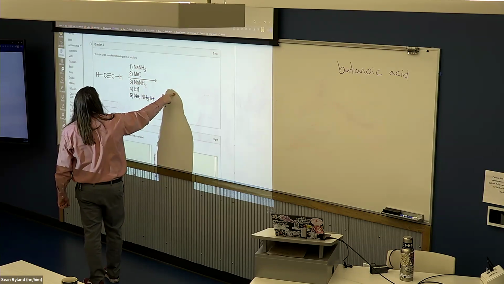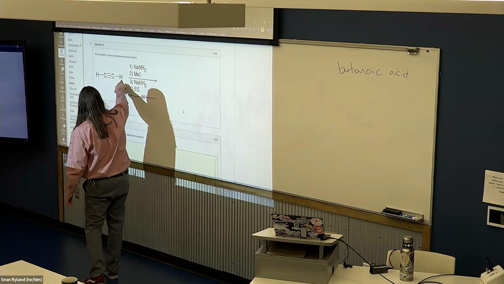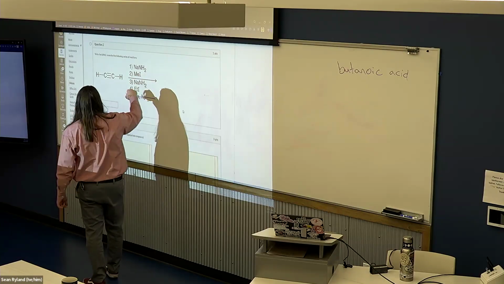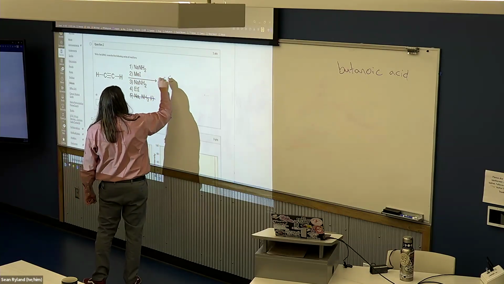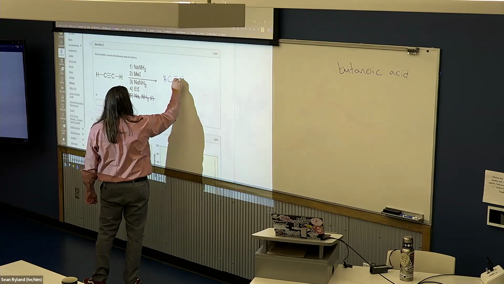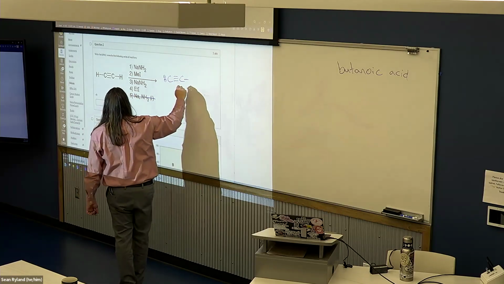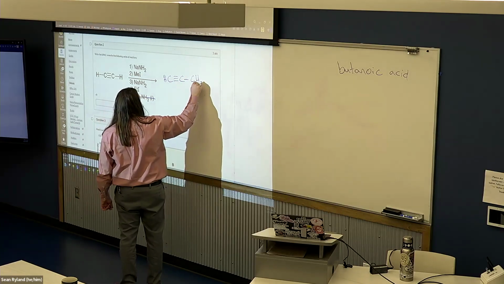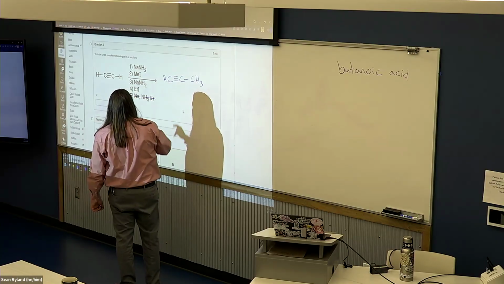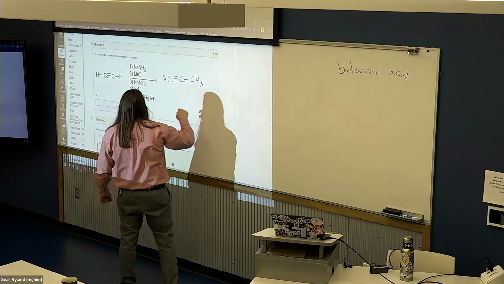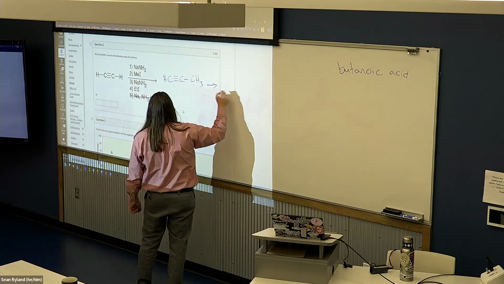Good. All right, so we're going to pull off a proton, let it react with the metal group. So after step 2, we're going to get this. Then we're going to do the same thing, pull off that hydrogen, let it react with an ethyl group.